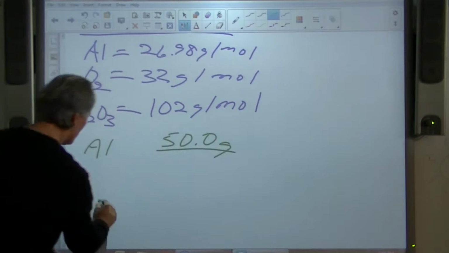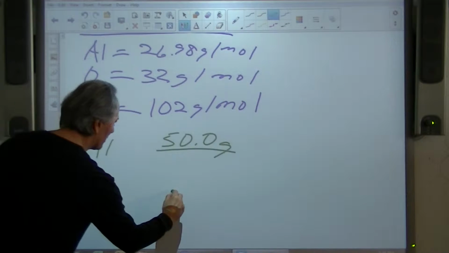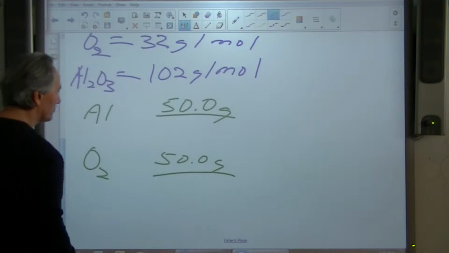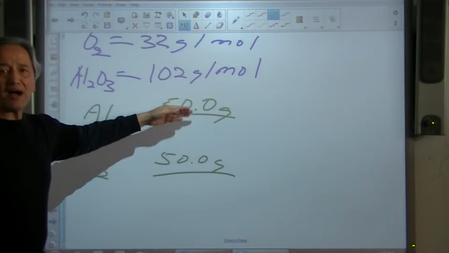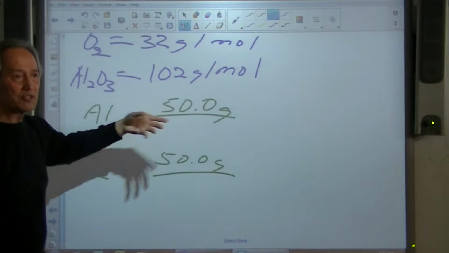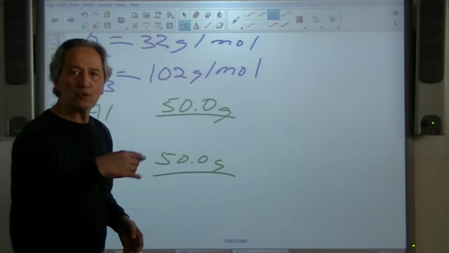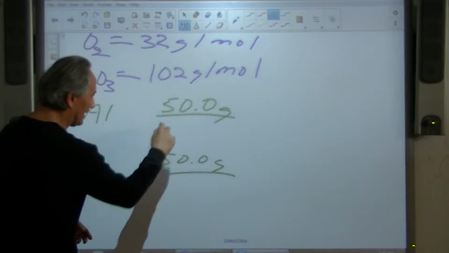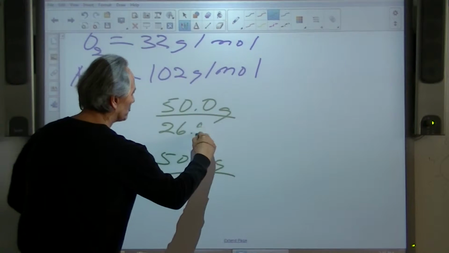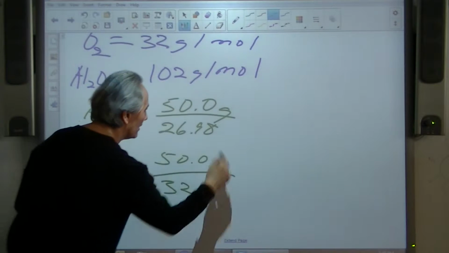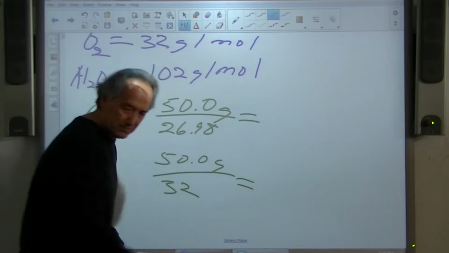On the oxygen, also we were given 50 grams. Scoot that down. Now we want to divide this in order to calculate the number of moles of that given 50 grams for either by their molar mass. Hence the reason why we calculated the molar mass at the beginning. So divide this by its molar mass, which is 26.98. The oxygen by 32, and let's get a value.